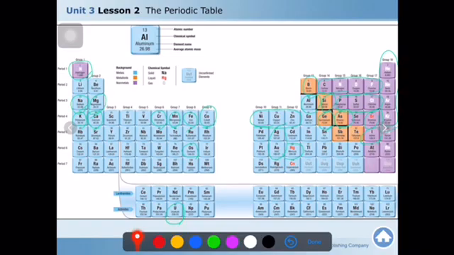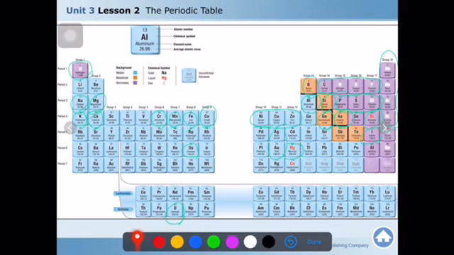What I want is for you to memorize just the name of the element and the chemical symbol of the element. I want you to know these.